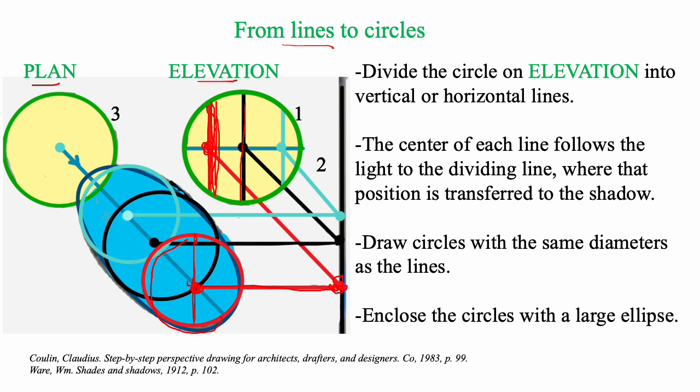Now the black line here gets transferred over here to form the circle, the center of the circle here, and the diameter of this black circle is as long as this line. And then similarly, this line creates this light blue circle whose diameter is as long as this line. And then you just put an ellipse around all the circles and you've got the shadow.